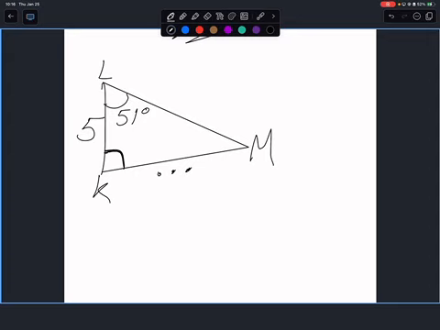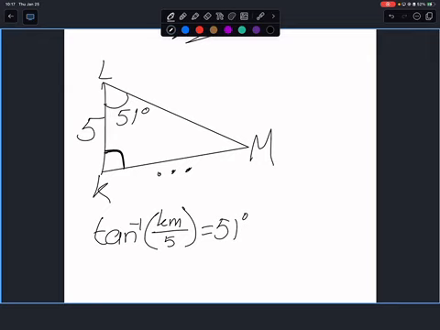So, you need to learn a little trick. What is the trick? Do as if you did not have the degrees. It would have been the tangent of something 5, because you have opposite divided by adjacent: the length of km divided by 5, and that would have equaled 51 degrees.